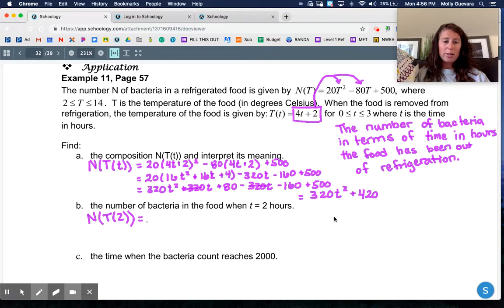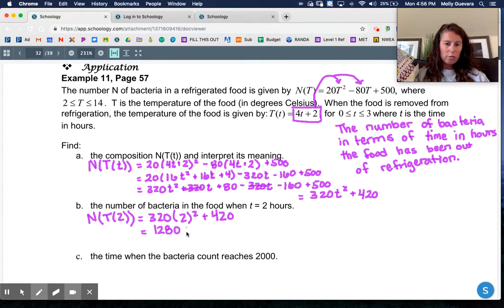I've already combined these equations, so I can just use the one I already found, which is 320 times 2 squared plus 420. 2 squared is 4. 4 times 320 is 1280.